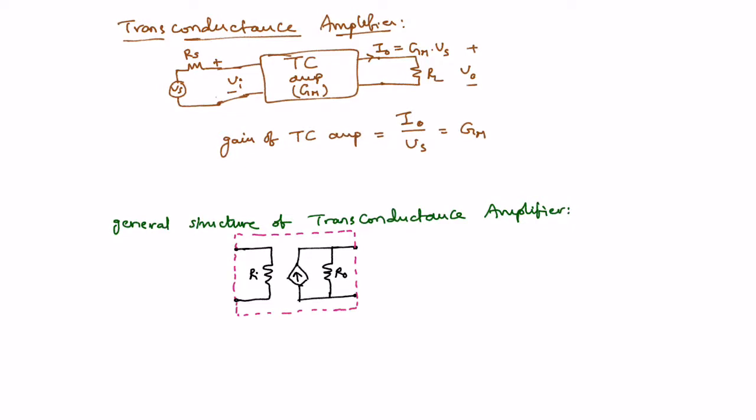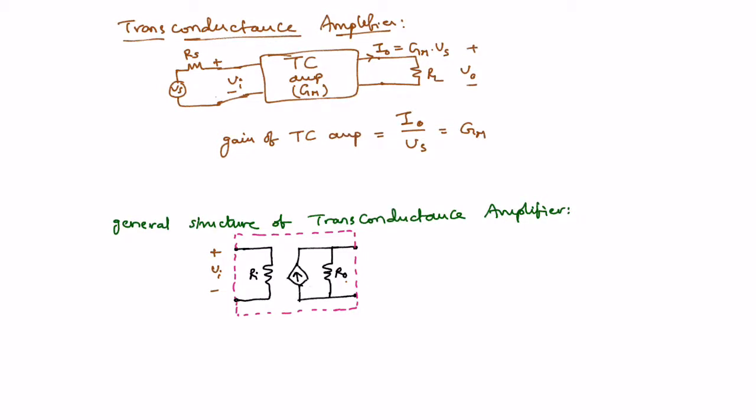Any equivalent circuit has a simple input resistance at the input part, and the output depends on the type of output signal. If it produces current, there must be a Norton equivalent. If it produces voltage, there must be a Thevenin equivalent. So this is the Norton equivalent current source at the output side, and at the input side Ri is the input resistance. Voltage across Ri is Vi, and current coming out of R naught is I naught.